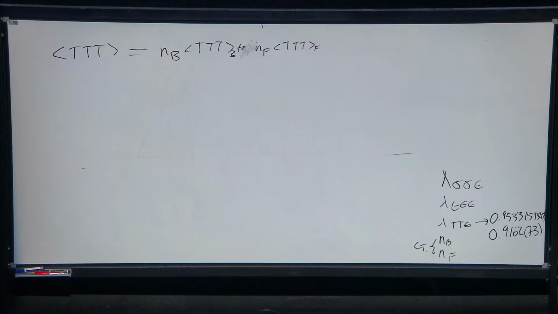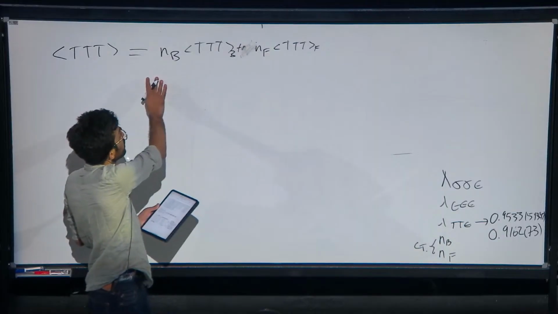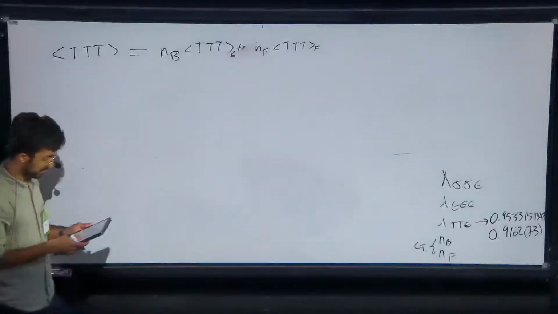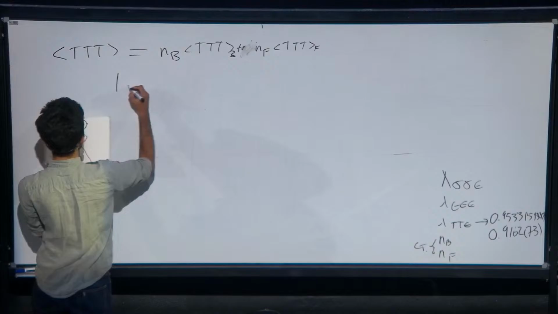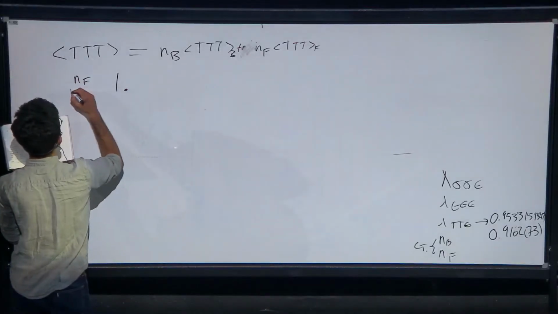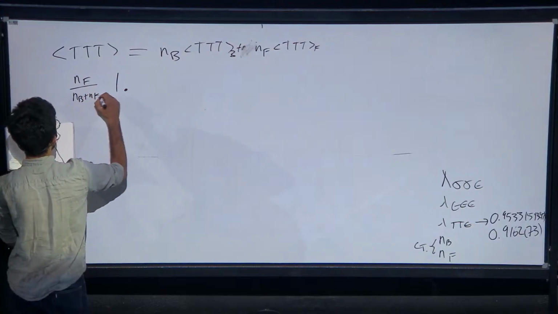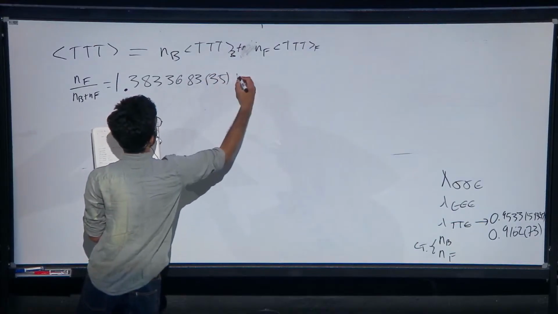The reason they're called NB and NF is that if this were a free theory, this would correspond to the number of bosons, the number of scalars, and the number of fermions. So you can take a silly little napkin math calculation, and you can show from our results that NF over NB plus NF is equal to 1.3833683335%.